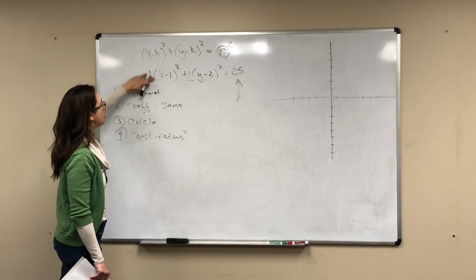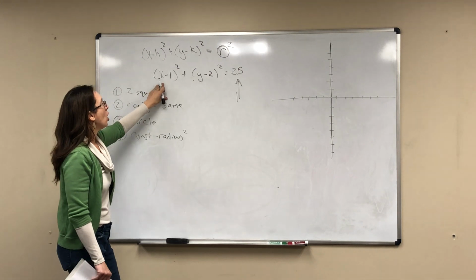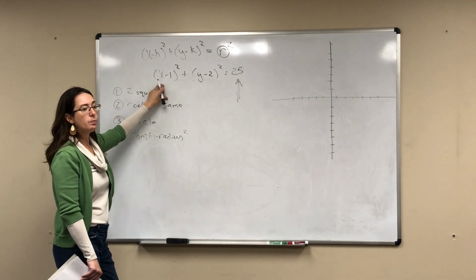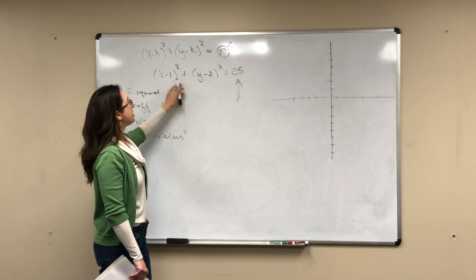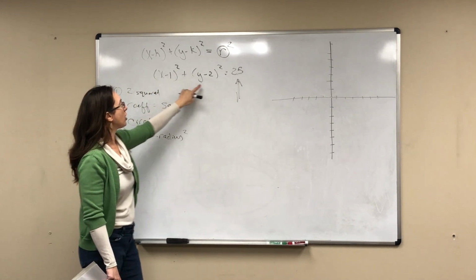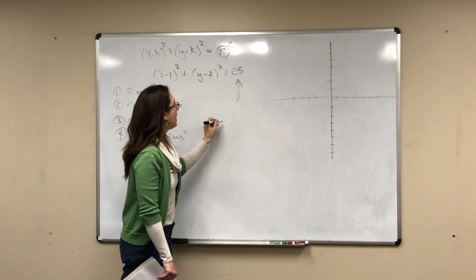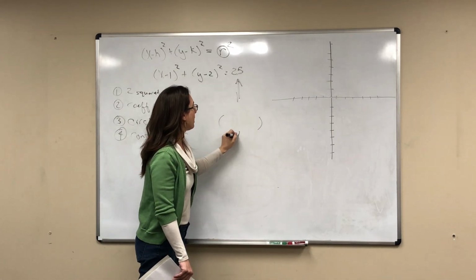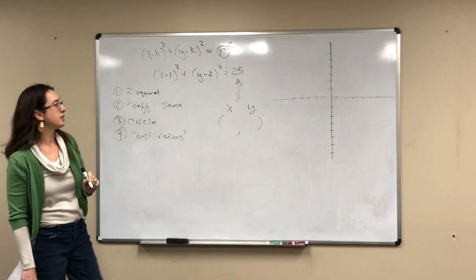I know it's a circle. My A and my B are exactly the same. Okay. Where is it located? Where would be the center point? It is not at the origin because there are numbers added. So x has been moved and y has been moved. And just as a reminder, x always goes first, y always goes second. Positive 1, positive 2.